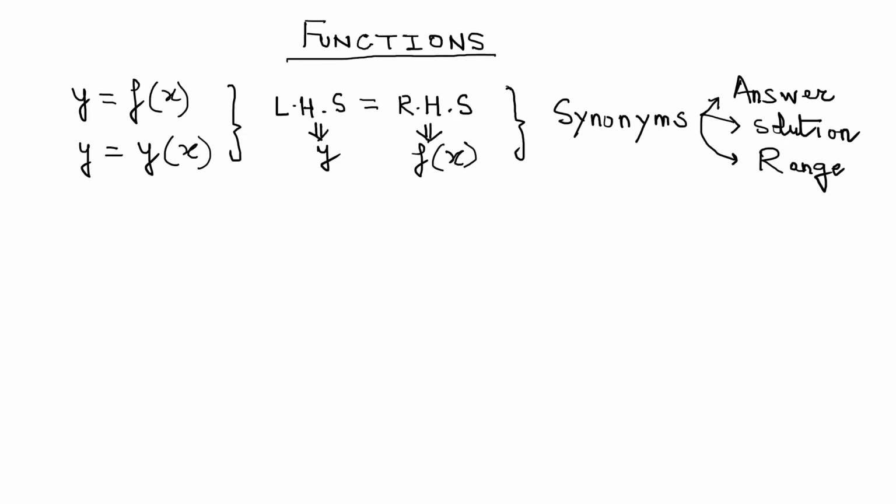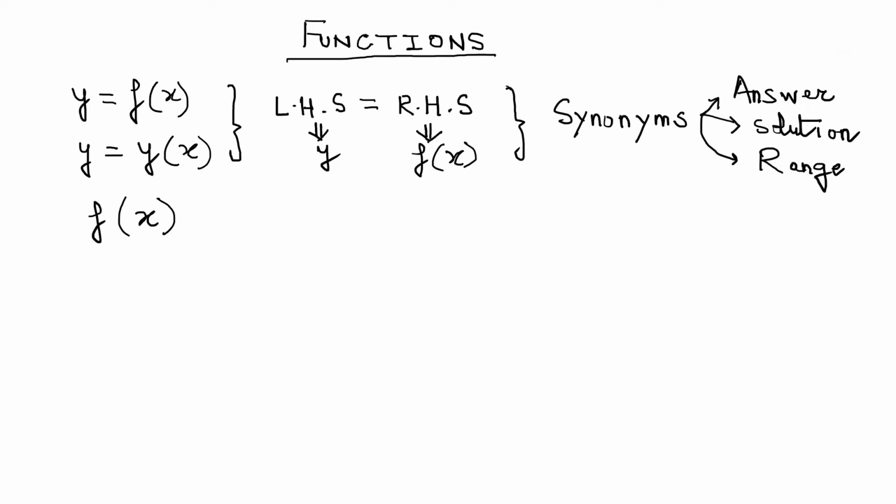So once you have understood this, the next point which comes up here is, okay, the moment I say f of x, we know that f is an operator on x. Now this x which is written inside the parenthesis, the f which is an operator operates on x.